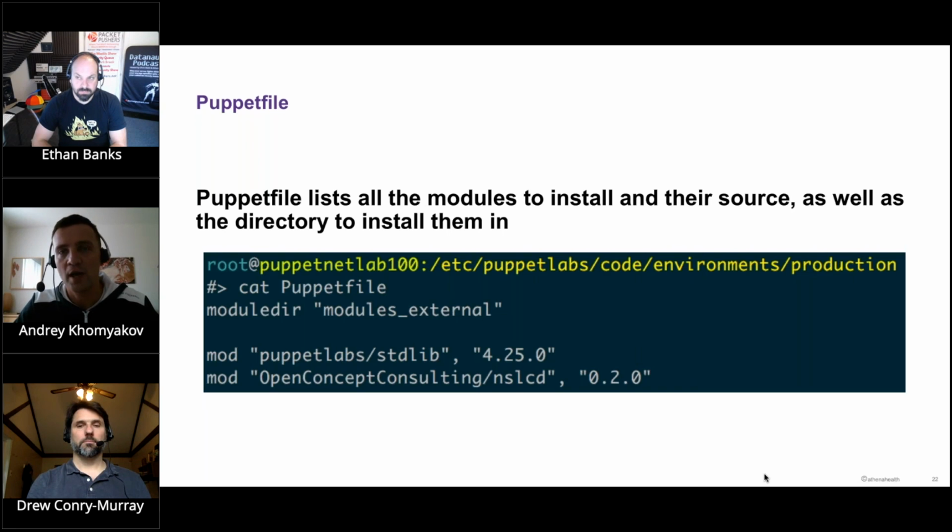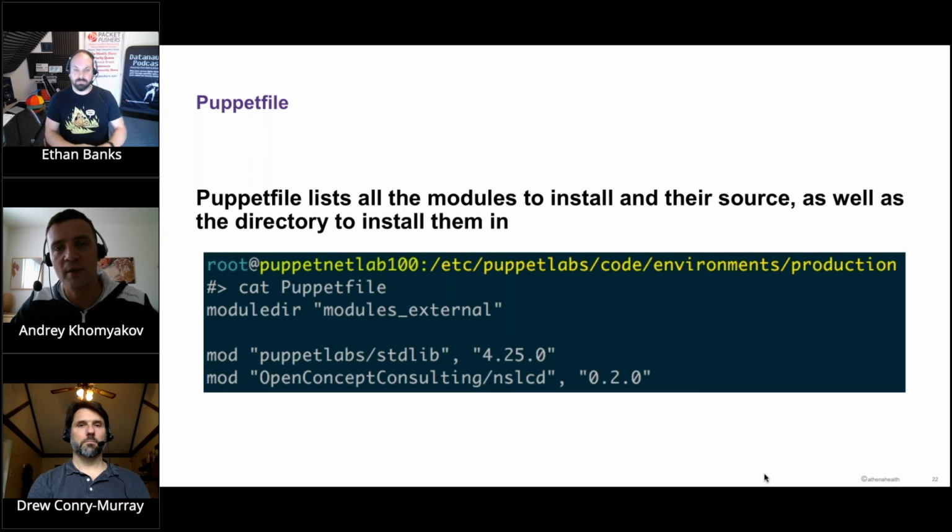And then you have this Puppetfile that also is in your version control repository, and you can install modules per environment. And that way, when you upgrade your modules, you create a feature branch, and you specify new versions for the modules. Let's say here I have stdlib version 4.25.